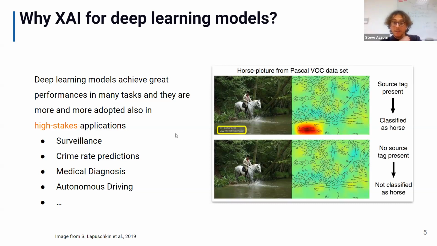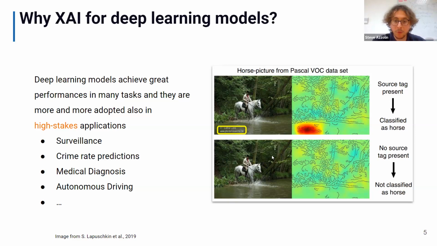In this paper, dating back from 2019, the authors showed that by training a convolutional neural network on the Pascal VOC dataset, you get a model which is not really behaving as expected, in the sense that even though the model is correctly predicting the presence of the horse in the image, if you use some explainability technique that we will see later, you can see that the model is mainly focusing on a very strange watermark on the bottom left of the image.